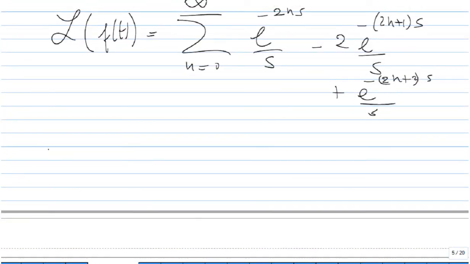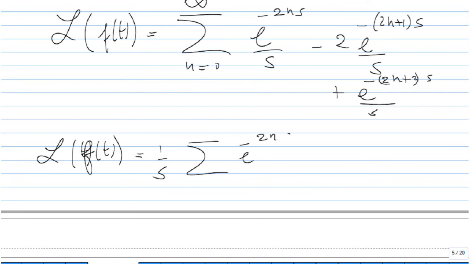So if we take 1 over s outside, the sum of e minus 2ns from 0 to infinity, minus 2e minus 2ns minus s, plus e minus 2ns minus 2s.